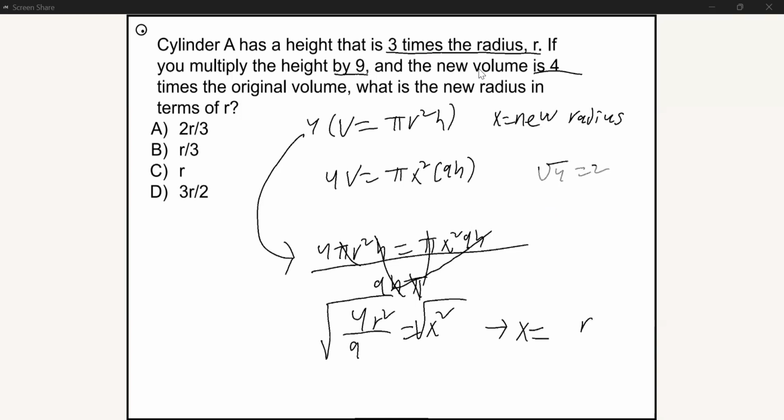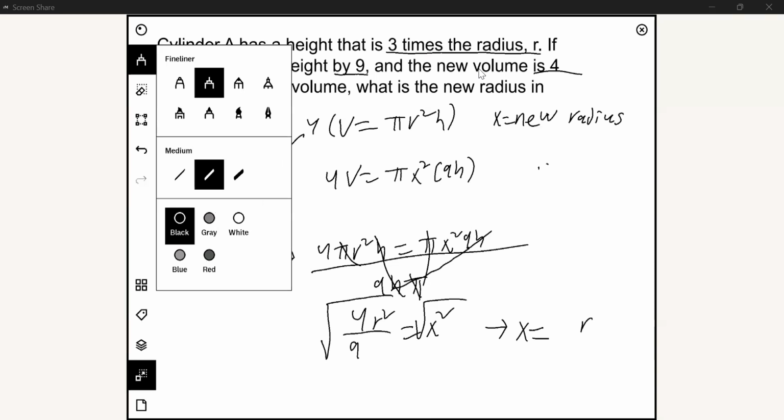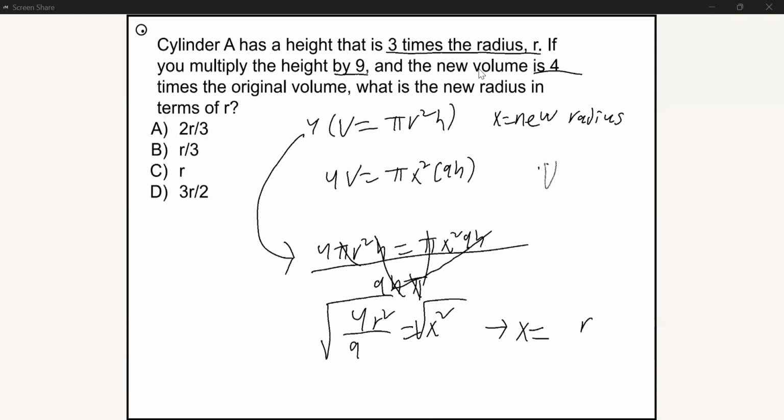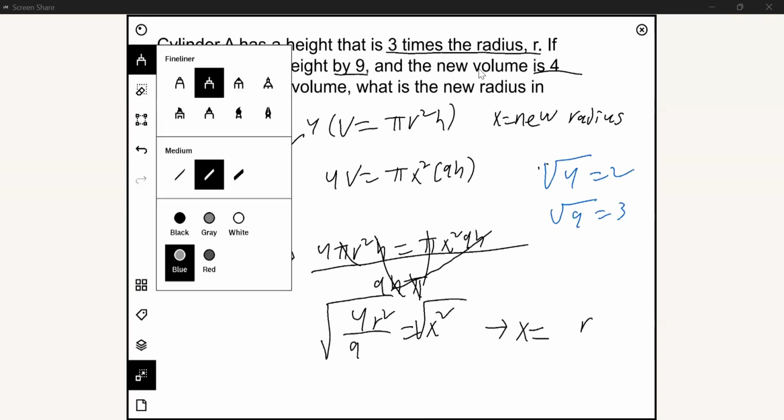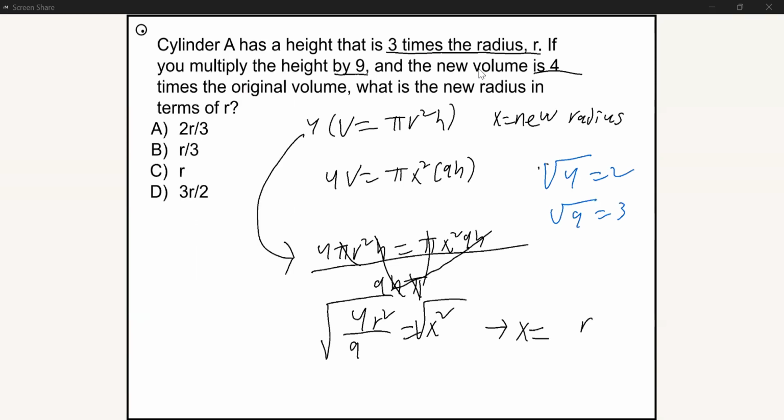Here, let me make that blue just to show it's a different type of step. So we're going to get 2/3 r. So the new radius x is 2/3 the old radius.